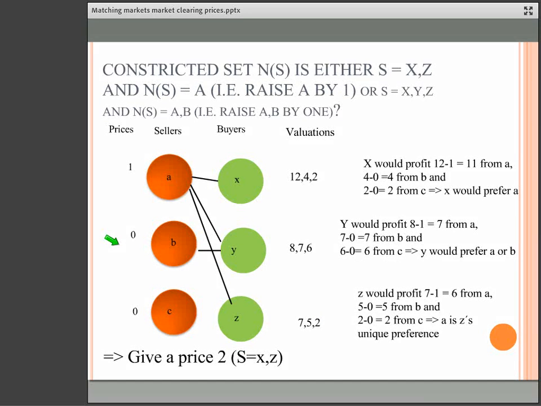Now the question is, is there a constricted set here? And yes, A clearly is a constricted set. All 3 players would like to have A, and also notice that in this particular picture, A is the constricted set, and let's see in the next slide what happens.